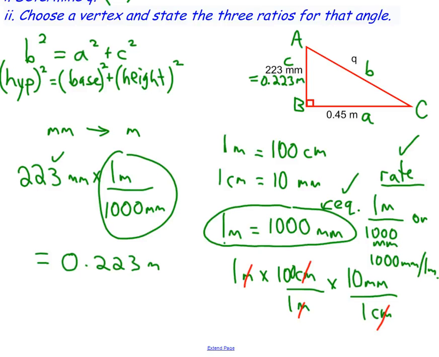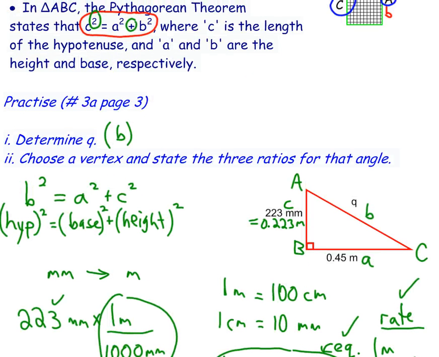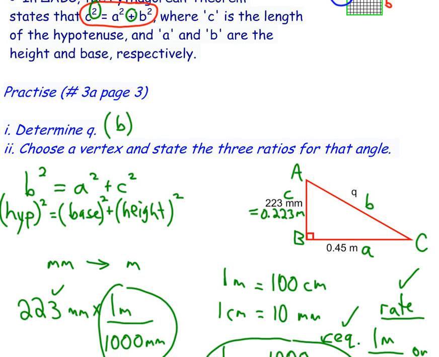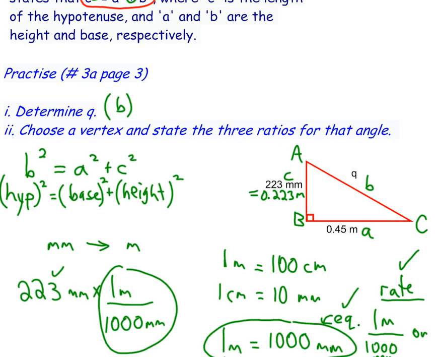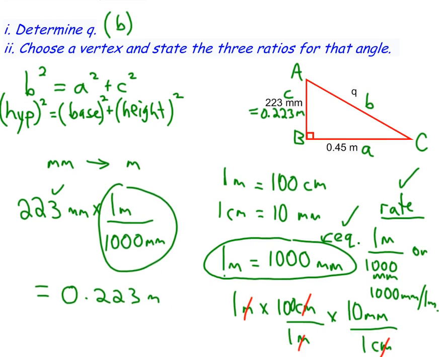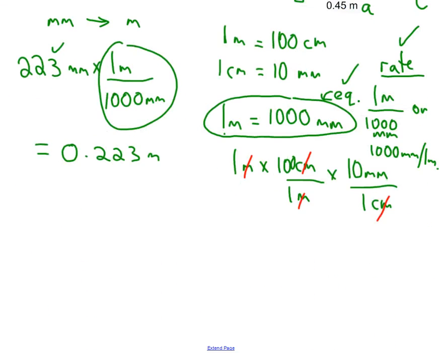All right, let's return to the task at hand, which was to determine the value of the hypotenuse. In this case, I now have both of my lengths in a common unit, which is meters. I can now use the Pythagorean Theorem, which says hypotenuse squared equals base squared plus height squared.